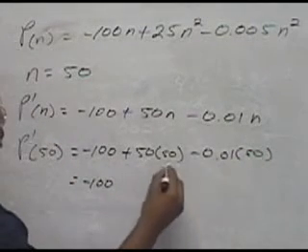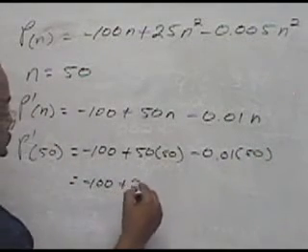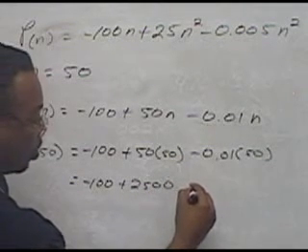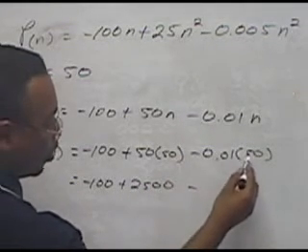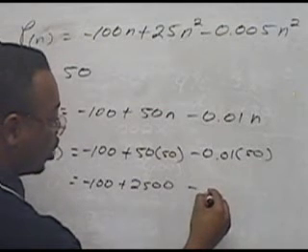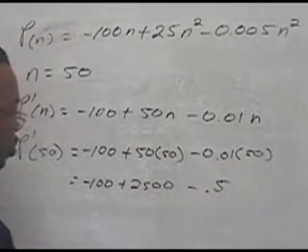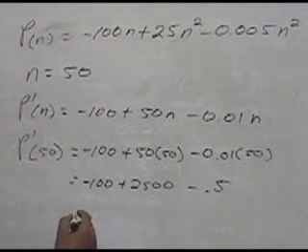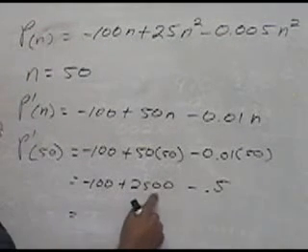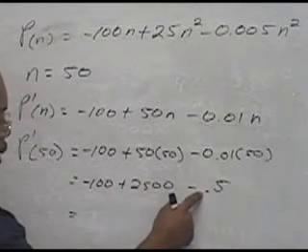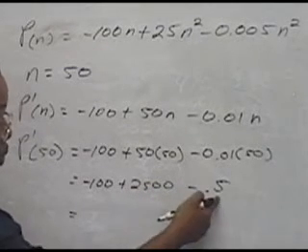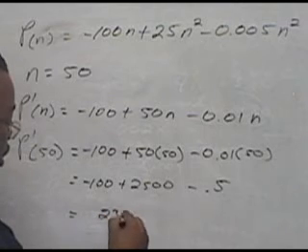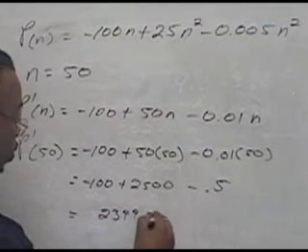We have negative 100. 50 times 50 is 5 times 5 is 25 with 2 zeros. And we have this will be 5 times 0.1, which will be 0.5. Okay, it's about 50 cents. And let's see, this will be 2,400 minus a nickel, or sorry, 50 cents. So this will be 2,399.50.